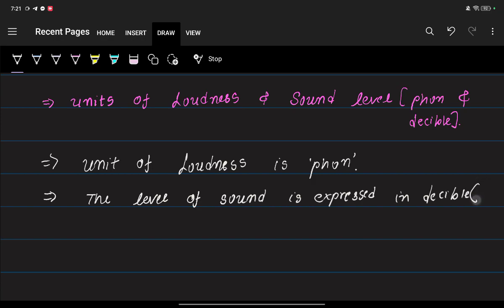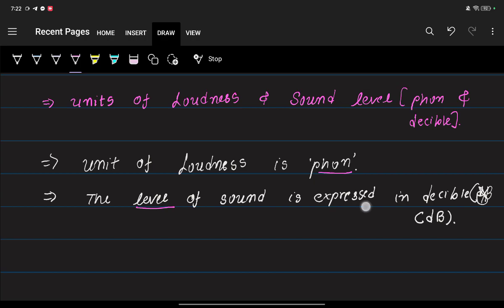Its symbol is dB, small d and capital B. Let me write this here. This is decibel. It is the level. Here the unit is phon, but decibel represents the level of sound.